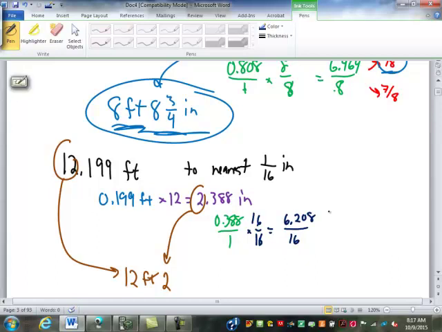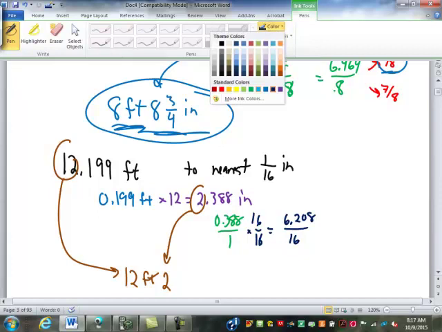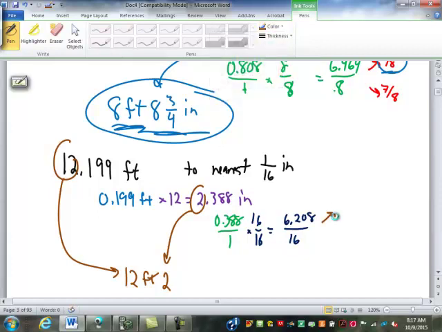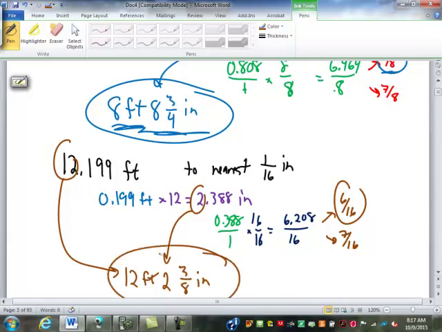Yep. So that's telling me that we are between 6/16 and 7/16. Which one are we closest to? The 6/16, which will reduce to 3/8. So to the nearest 16th of an inch, 12.199 feet is 12 feet, 2 3/8 inches.